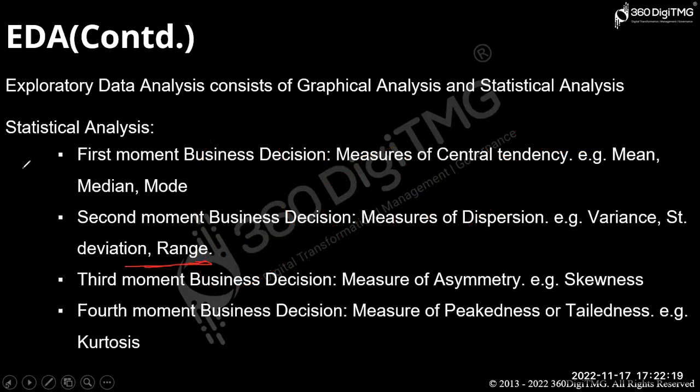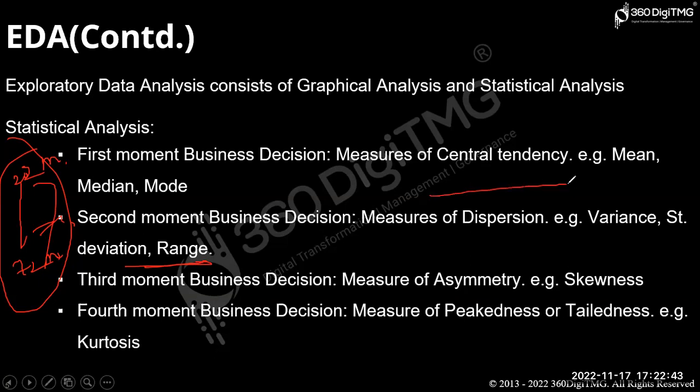Range means from where to where. 25 to 72, we have said, right? So this is the range: the minimum value and the maximum value. The difference between the minimum value and maximum value we will call the range.